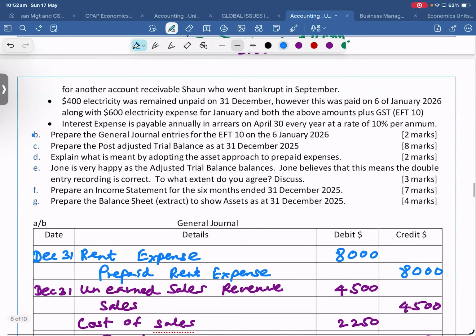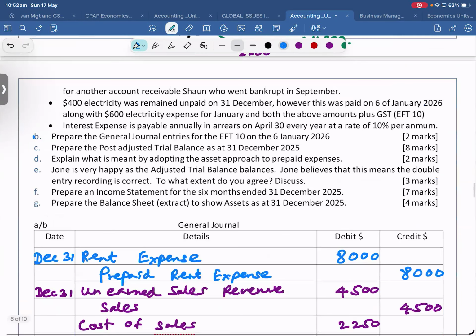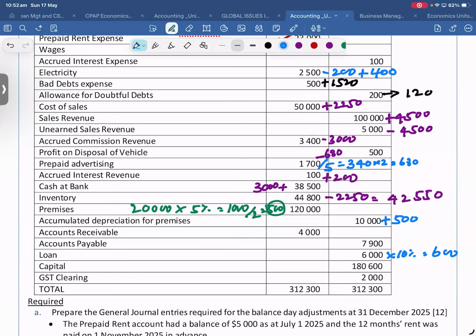That means, are we going to pay by 31st December? 31st December, are you going to pay it? No. That means it will be what? Accrued interest expense.